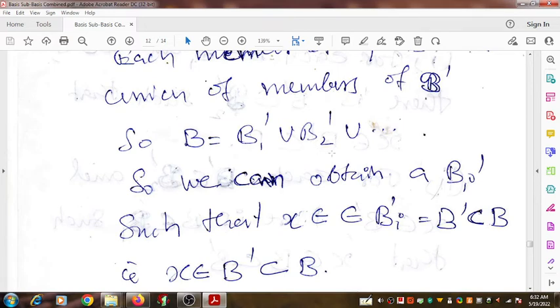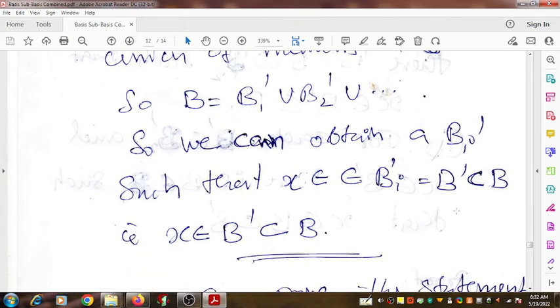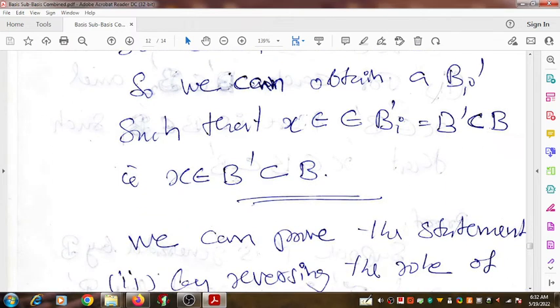Thus we get that X is an element of B prime, which is a subset of B. There exists a B prime in script B prime such that it contains X and is contained in B.